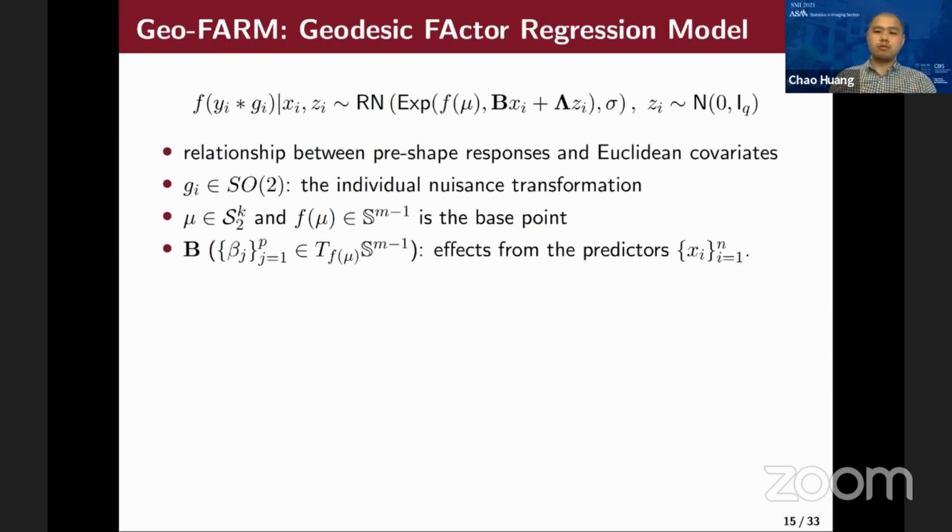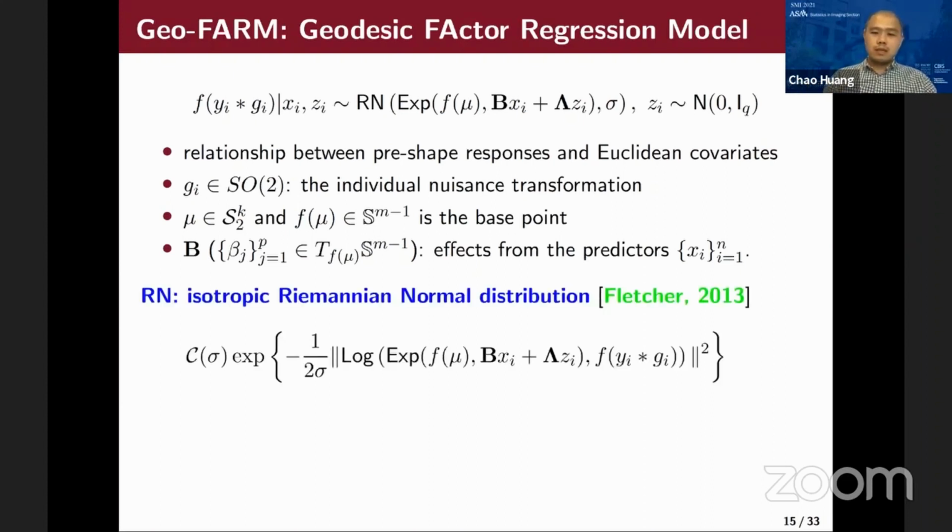This rotation group action can be used to detect all these individual nuisance transformations. And also we use this specific parametric structure for the conditional mean shape. And for the Riemannian normal distribution, we use an isotropic Riemannian normal distribution. The probability density function is given in this way.